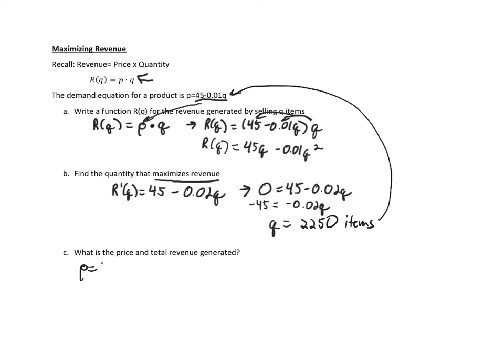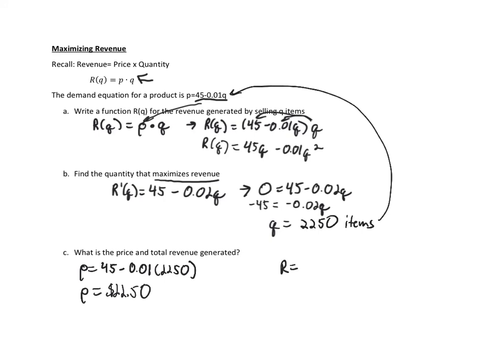Price equals 45 minus 0.01 Q, which in this case is 22.50. So price equals $22.50.